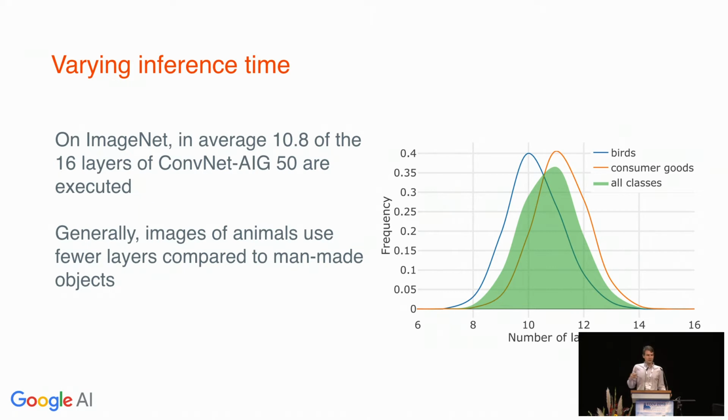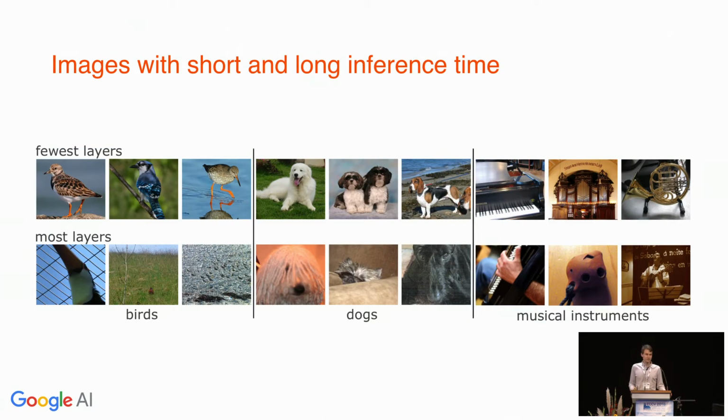But now let's try to get an intuition for what are those images that need a lot of computation, or what are those images that only need very few layers. So let's look at these examples. Here on the top row, I've shown the examples from these mid-level categories that need the least computation. And you can see these are very iconic images, right?